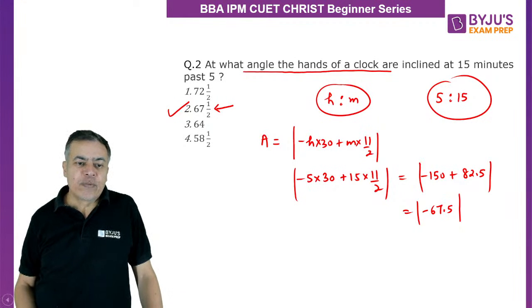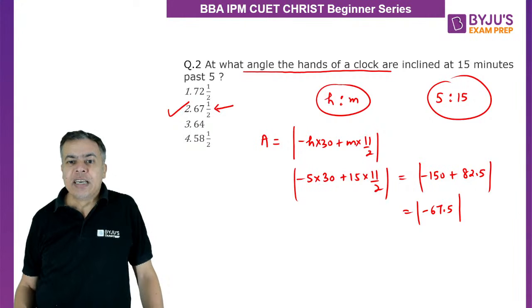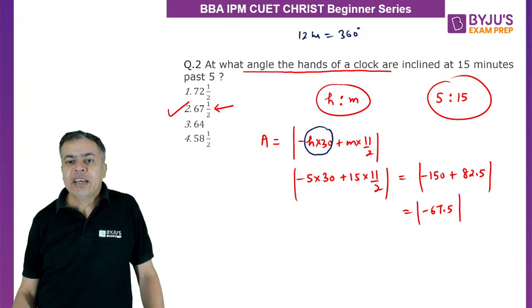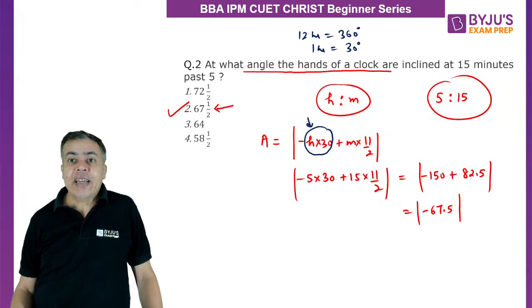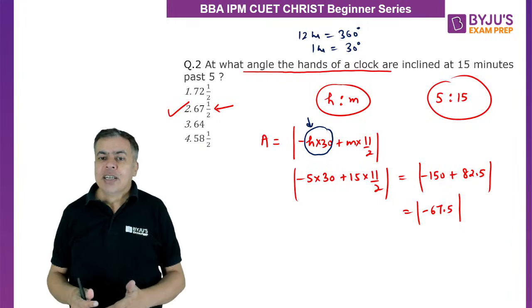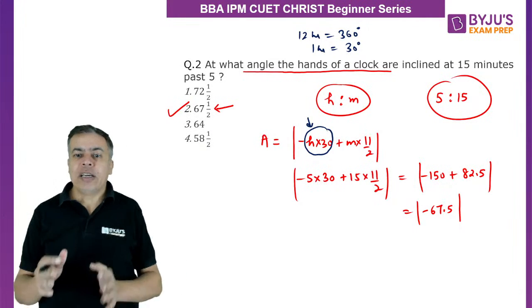I am writing it for you. Otherwise, you can see that the entire 12 hours is equal to 360 degrees, so each 1 hour gives you 30 degrees. So initially at 5 o'clock, the angle should be 5 into 30, that is 150.